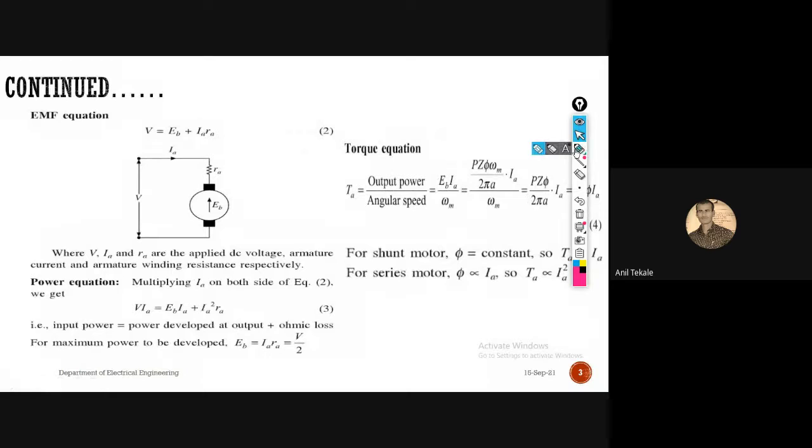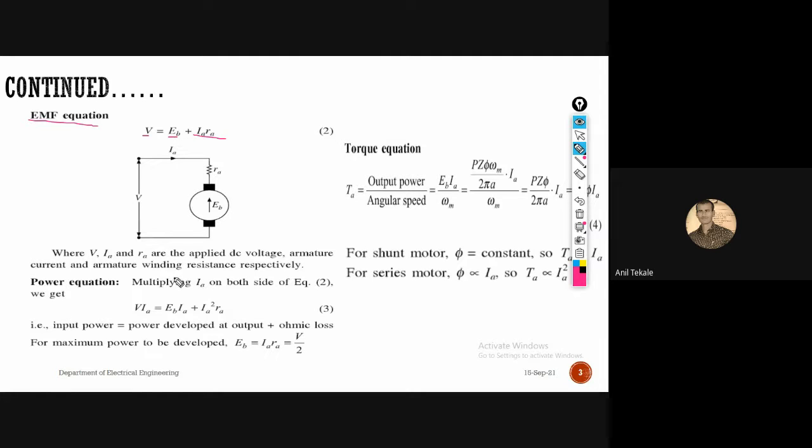Then again for the EMF equation: V is equal to EB plus IA RA. Here V is the applied voltage, IA is the armature current, RA is the armature resistance, and EB is the back EMF. All these things are known.